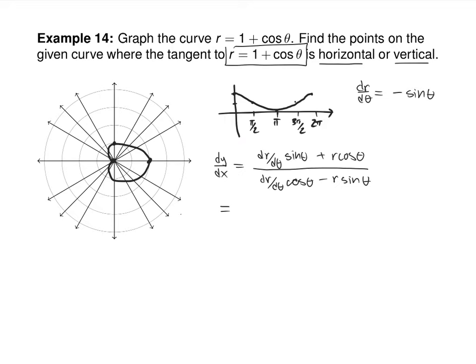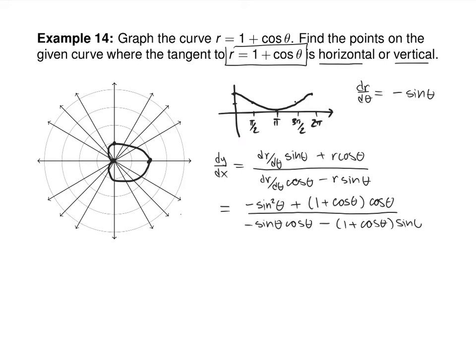Okay, so now let's just plug in the stuff we know and be very, very careful. I'm going to plug in negative sine theta for dr d theta. Is everyone okay if I say negative sine squared theta right there? Plus r, which is 1 plus cosine theta, all that times cosine theta, over negative sine theta cosine theta minus 1 plus cosine theta times sine theta.